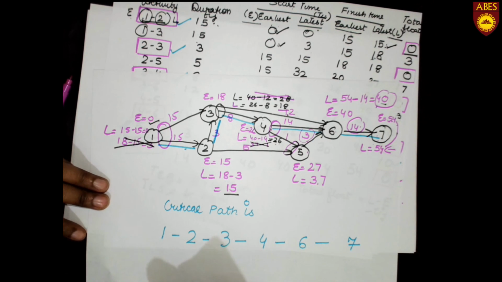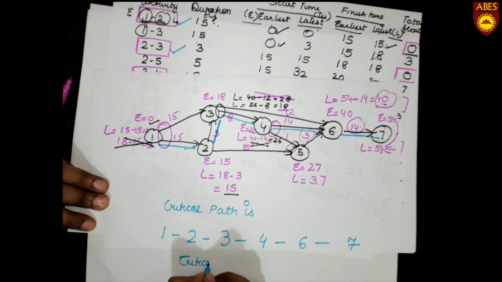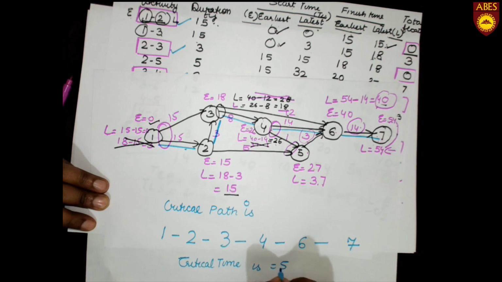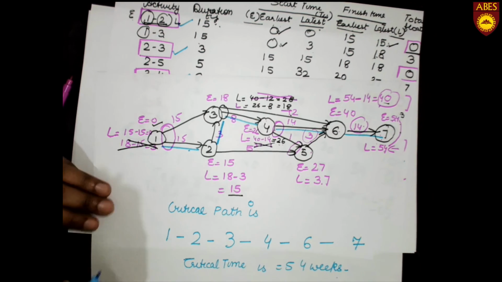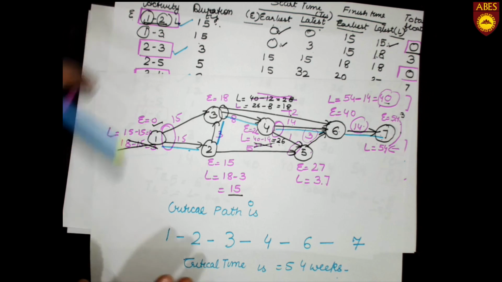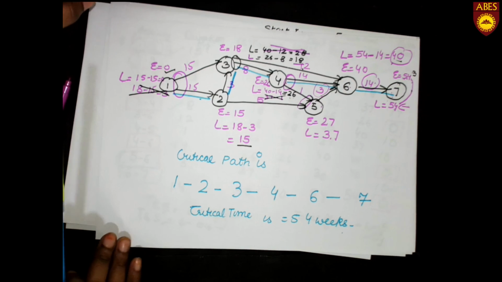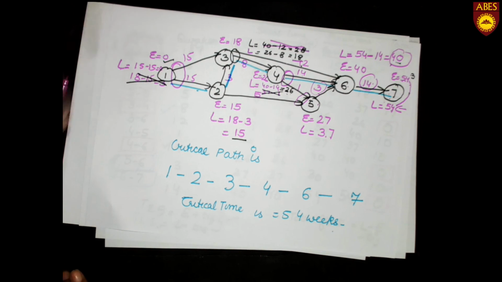This is the critical path analysis, and the critical time is 54 weeks. This is how we will find out the critical path in this network diagram. So I thought this lecture might be very useful for you. Thank you very much.